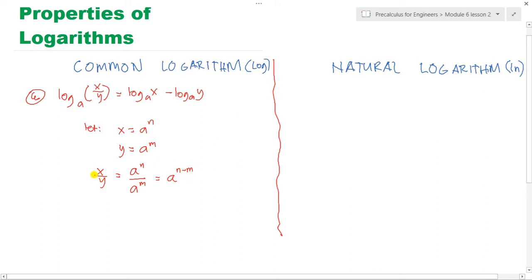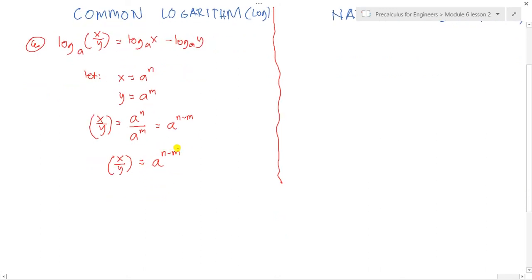So diba, naa nato ni nga relationship, that is x over y is equals to a raised to n minus m. Diba? This is an exponential form, this one is an exponential notation or exponential form.